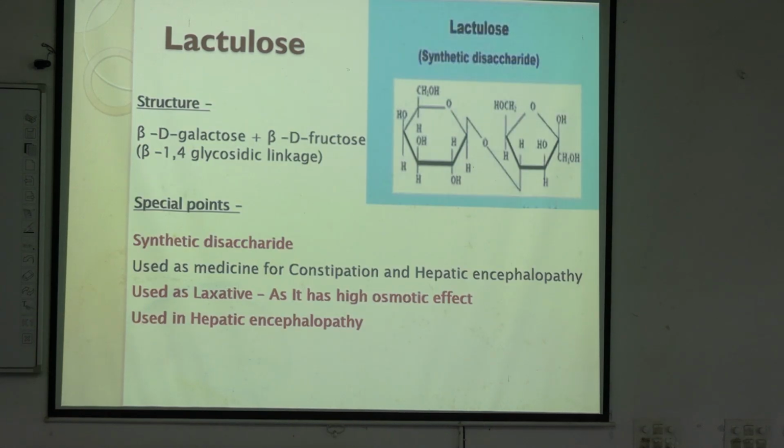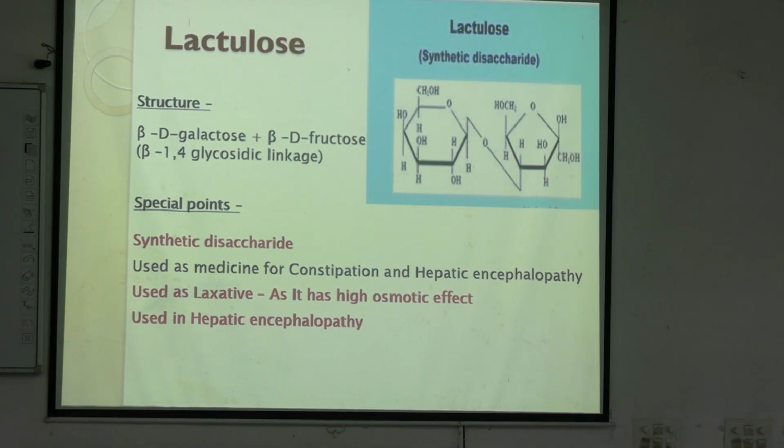Clear? Next, lactulose. It is an artificial, derived disaccharide, not present naturally. All the important natural disaccharides I have told you about. Now come to this lactulose. Lactulose may also come as a short note. Name some uses of artificial disaccharide in our day-to-day life or in therapeutic use.